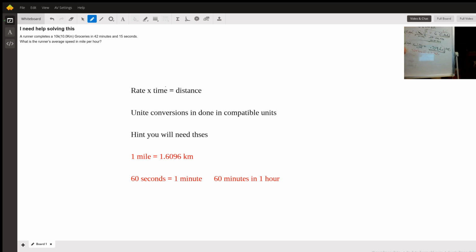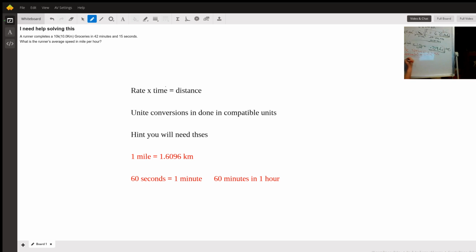What were we trying to find? Our rate, again, in miles per hour. So all that's left to do is solve for R. So it's 0.704 hours times R equals 6.21 miles, and divide, right?